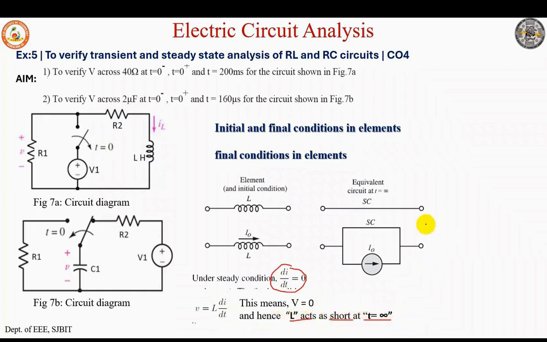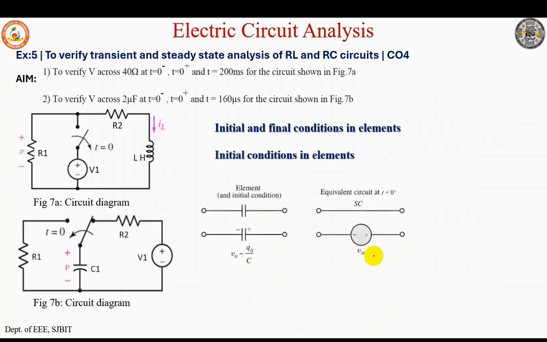How do we represent voltage 0? We just represent it by a short line. Similarly, for the initial conditions of this case, since we had current, we also represent that by a short circuit, as you can see here, we create a small loop. So these are the initial and final conditions for inductance.